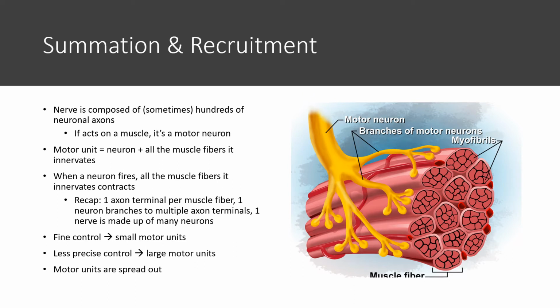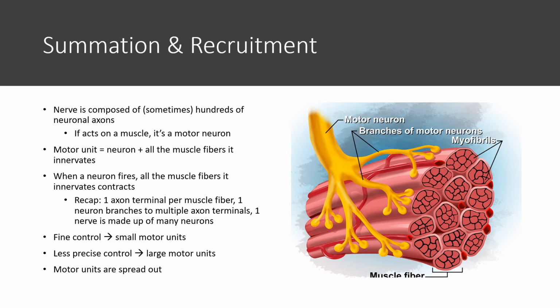So you don't want any one motor neuron to touch any more muscle fibers than you need it to. Remember, that signal is going to get sent evenly down that motor neuron into whatever it's touching. So you want small motor units in places where you want fine motor control. Your hand isn't going to need to do any heavy lifting. Your arm can do heavy lifting, but your hand itself doesn't really generate much force. You need precision there.